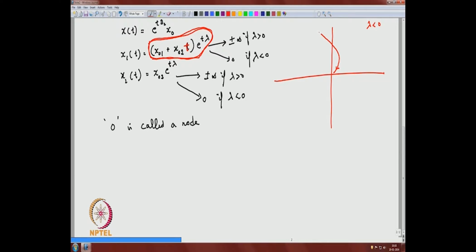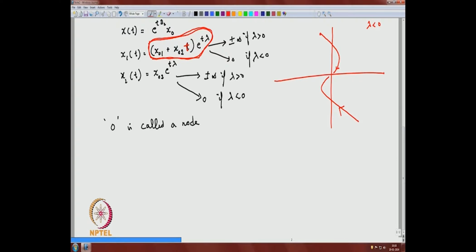It will go to the origin if you start here. So, from here if you start, it will go to 0 for the lambda negative case. It will be something like that. There may be some difference of twisting in the neighborhood of the origin, but eventually it will go to the origin.